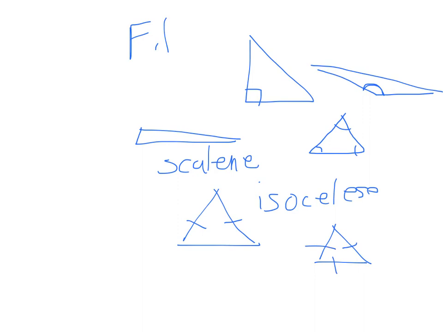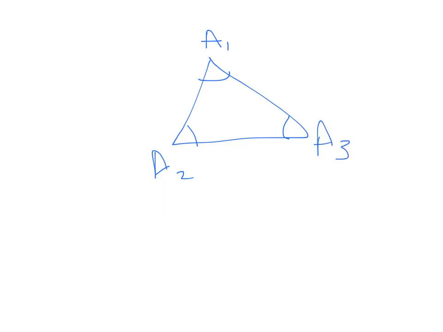Okay, F2 is the triangle angle sum theorem, which says that in a triangle, if we add up all the angles, angle 1, angle 2, and angle 3, they add to 180.